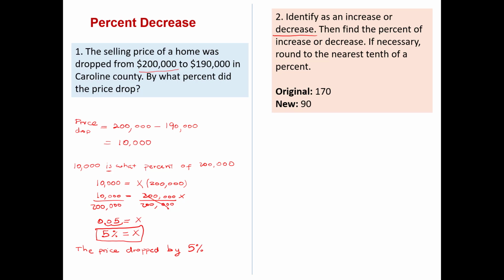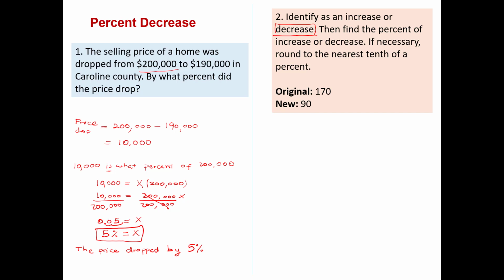Then we identify this problem is a decrease problem. Now we need to find the percent of increase or decrease. And in order to calculate the percent, first we need to calculate the amount of the increase or decrease. In this case, how much decrease.